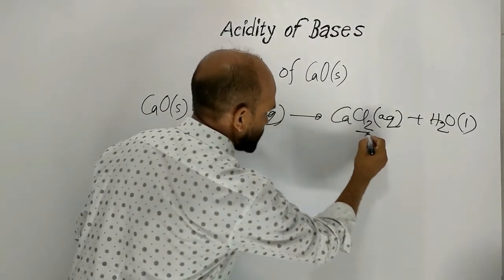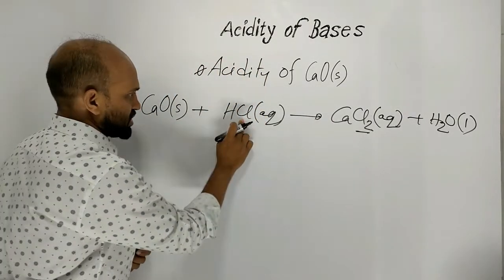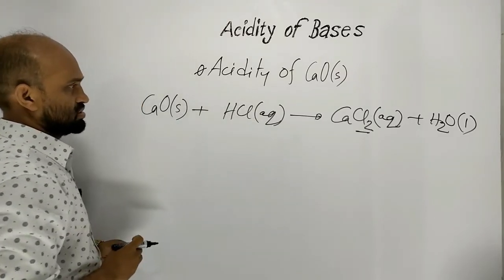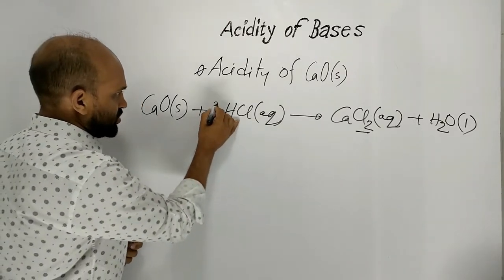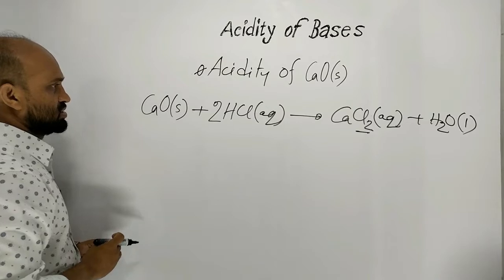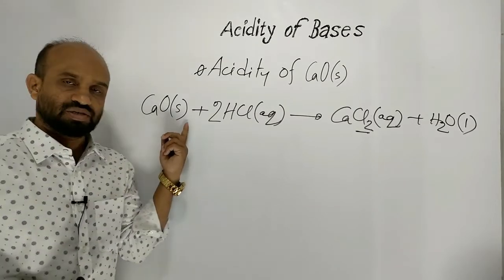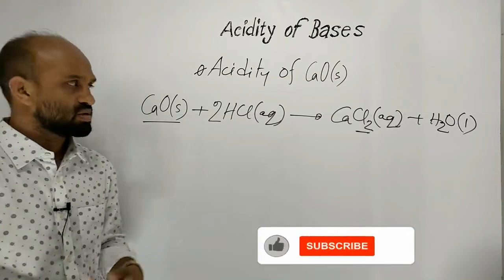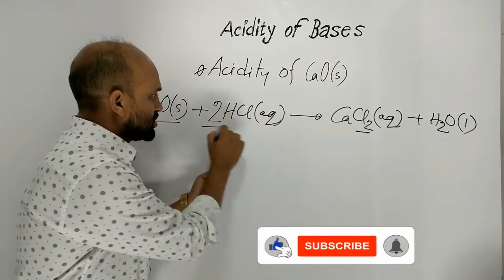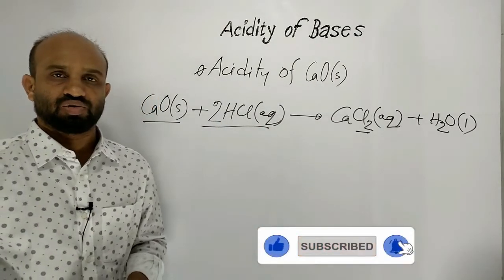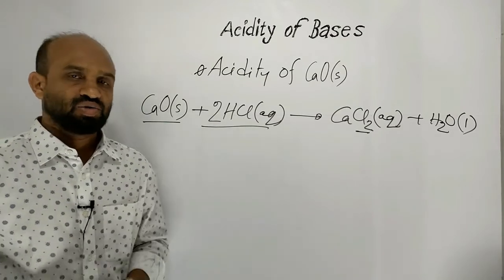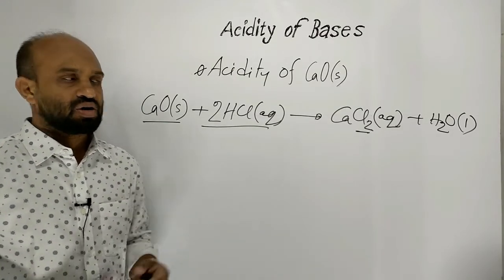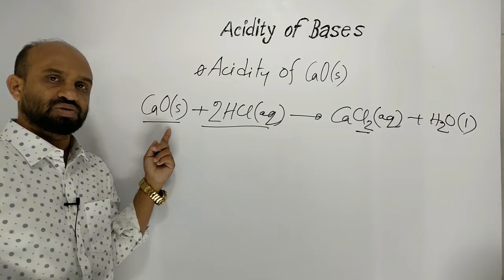Here 2 chlorine atoms, but here 1. So there will be 2 here. That means in this reaction 1 mole of calcium oxide neutralizes 2 moles of hydrochloric acid. That is why acidity of calcium oxide is 2.